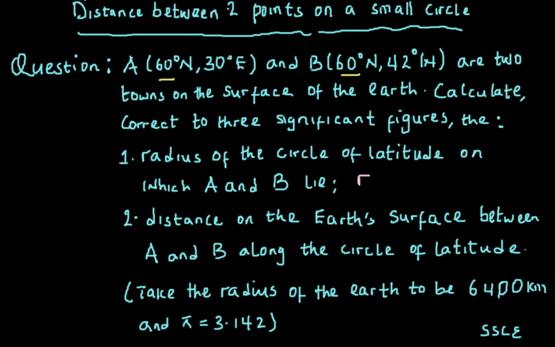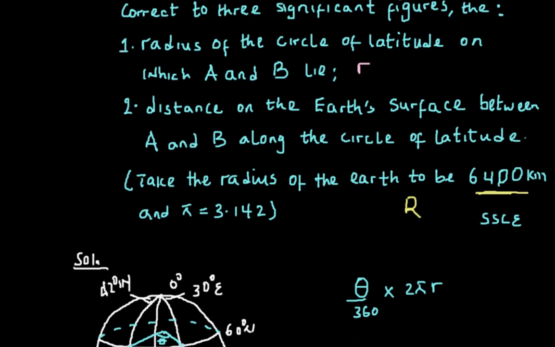Do you understand? Don't forget that latitude is either north or south. And here we are also told that we should take the radius of the earth, which is capital R, as 6,400 kilometers. So we'll be using capital R as 6,400 kilometers, while alpha is 60 degrees.